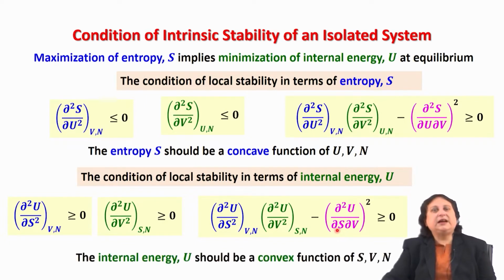Now, what I find is that compared to entropy being a concave function of U, V, N such that its second derivative with respect to its extensive variables U and V are negative, here I am looking at the second derivatives of U with respect to its extensive variables S and V, both are positive. Therefore, my conclusion is internal energy for a system to be stable should be a convex function of its extensive variables like S and V.